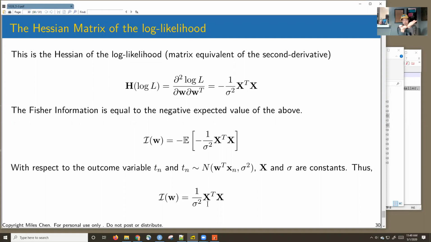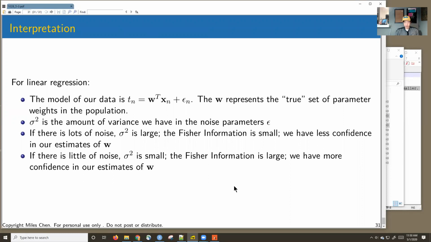If you have a lot of information, a lot of observations, then the function, which is concave up, is going to be very sharp. You can imagine a three-dimensional bowl that's very sharp, high curvature, very pointy. Whereas if you have very few observations, it's more of a shallow bowl with a lot less curvature, a little bit more flat.